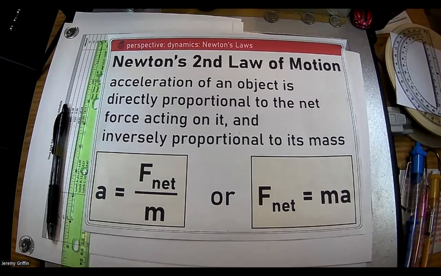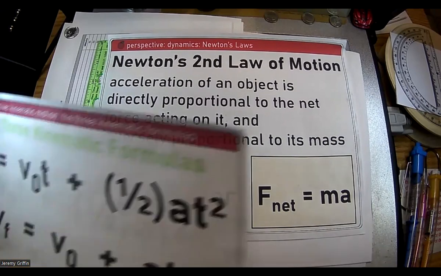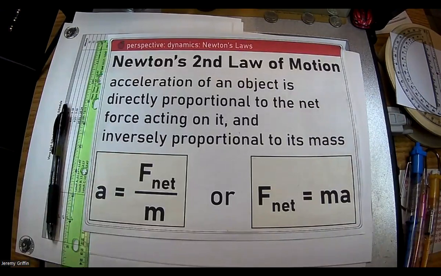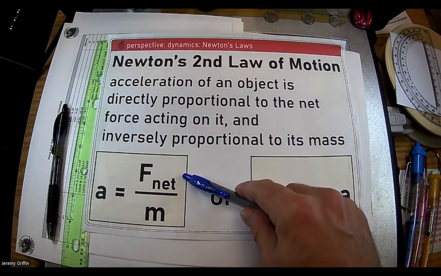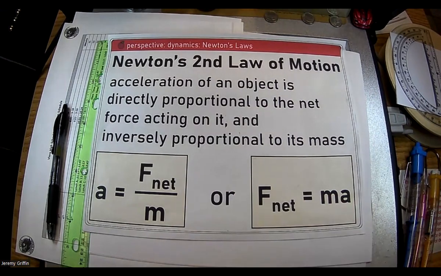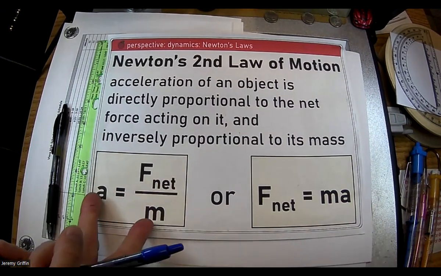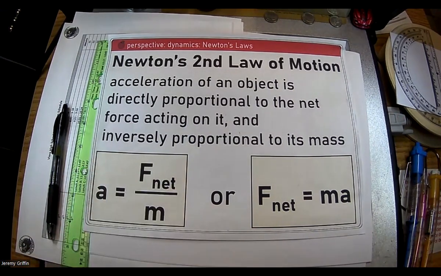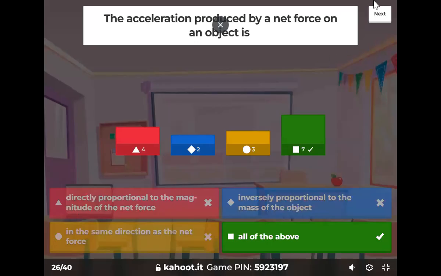Back in kinematic days, acceleration was a rate change of velocity. Now we're saying, how do you get acceleration? Well, you get acceleration by a net force acting on a mass. So if there are like 10 different forces, you got to find the net force. More force, more acceleration. More mass, less acceleration. And the acceleration is in the same direction as the net force. Boom. All of the above.